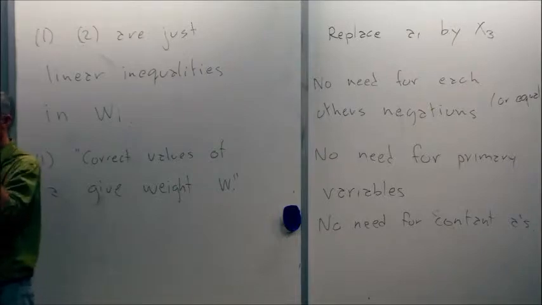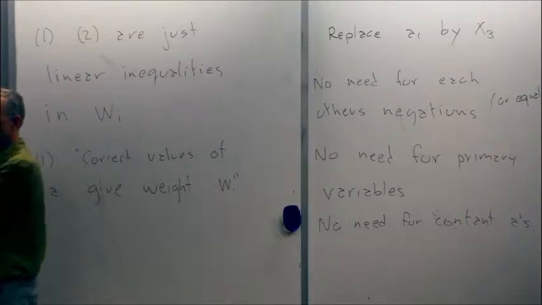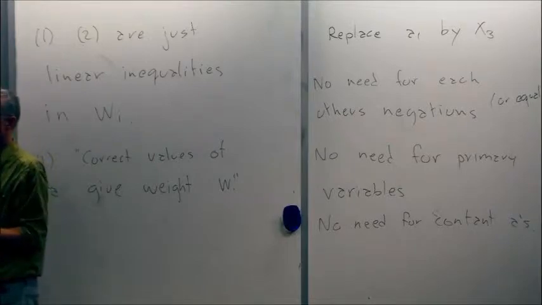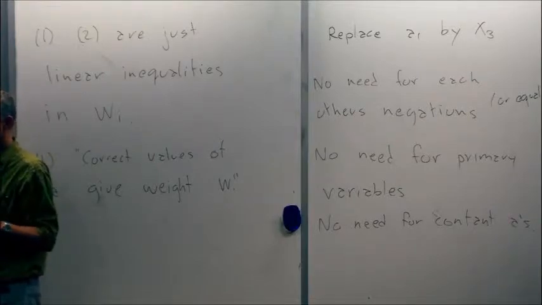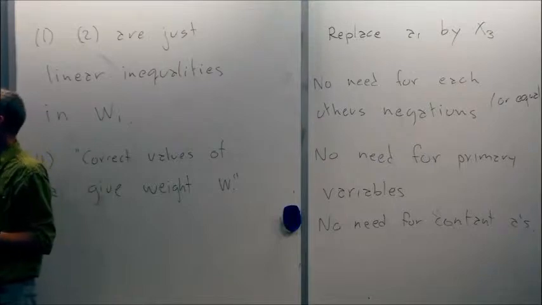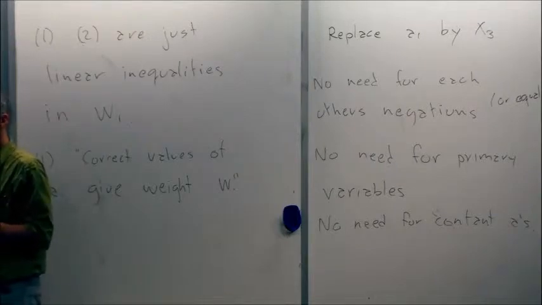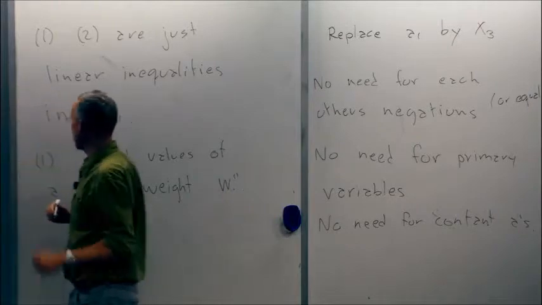So we said these particular values should in fact give the weight W, and all other values should give at most W, because I want to be on target. So that's actually a linear equality for this value, and an inequality that you don't beat W anywhere else. So that's a good point.